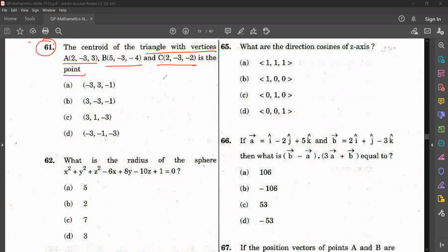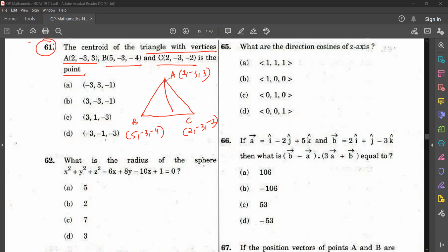How to find the centroid of a triangle. The vertices are given: A (2, -3, 3), B (5, -3, -4), C (2, -3, -2). You have to find the centroid. First of all, what do we mean by centroid?